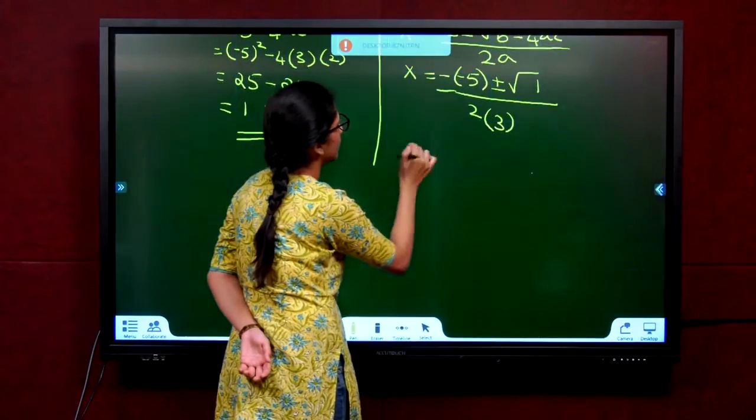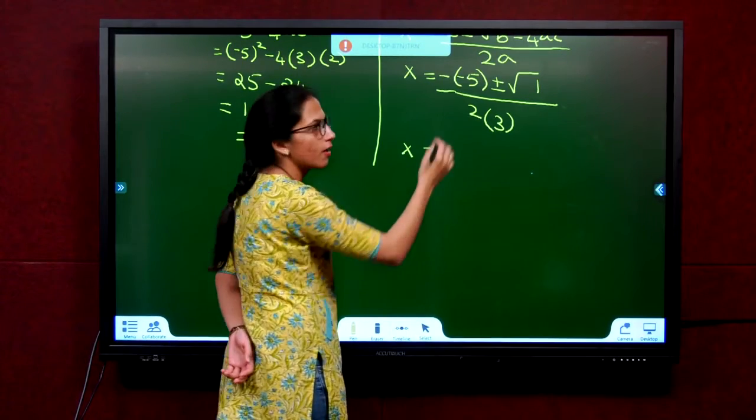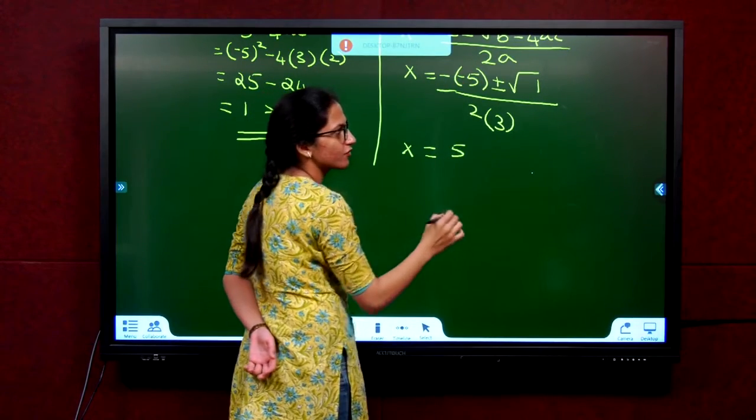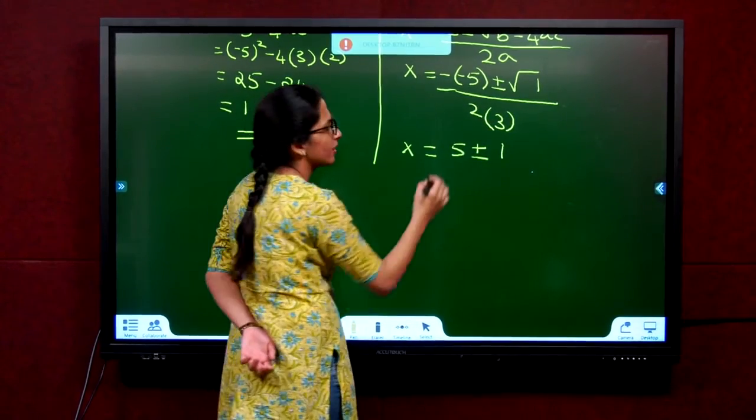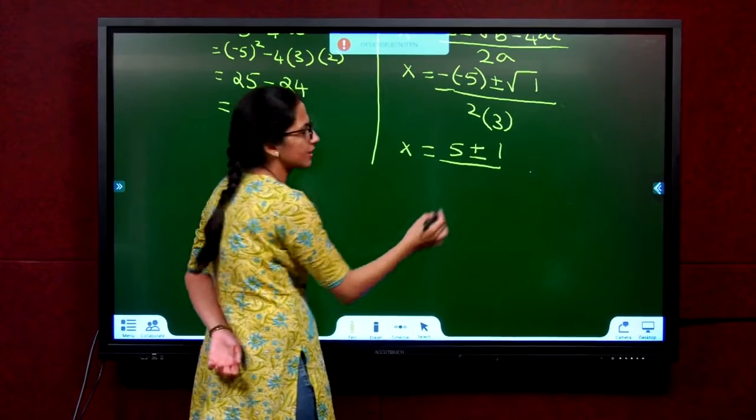So, x is equal to 5 plus or minus root 1, which is 1 itself, divided by 2 3s are 6.